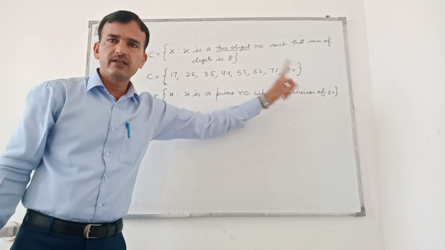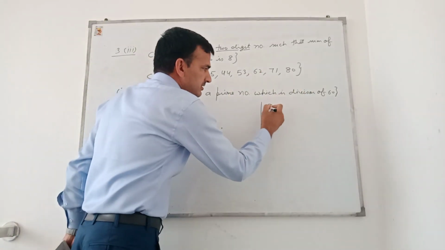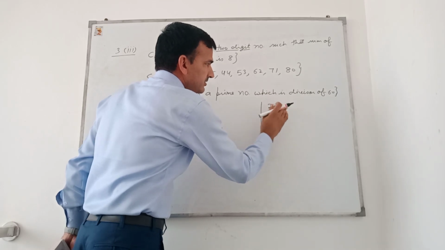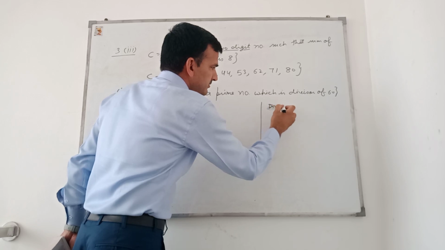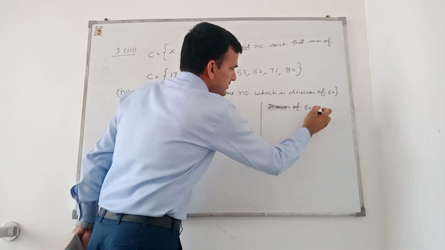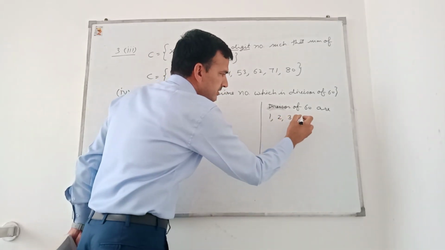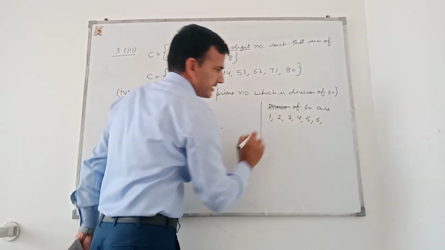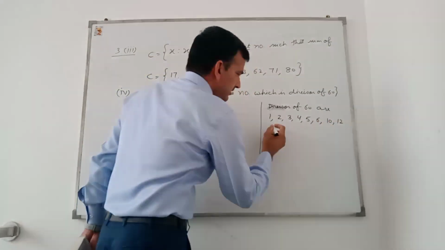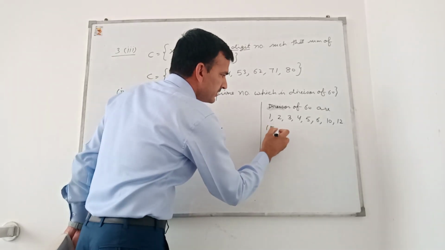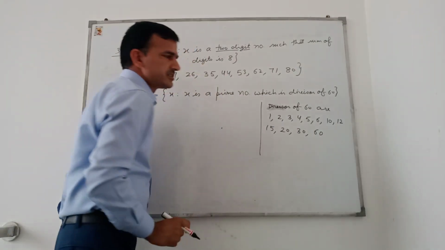The divisors of 60 are 1, 2, 3, 4, 5, 6, 10, 12, 15, 20, 30, and the last is 60.